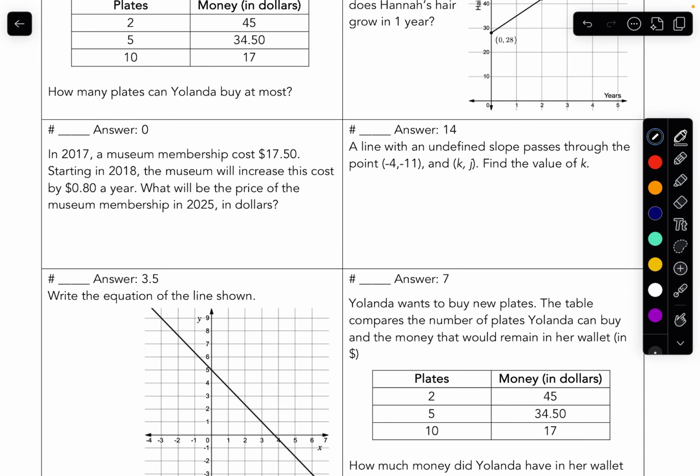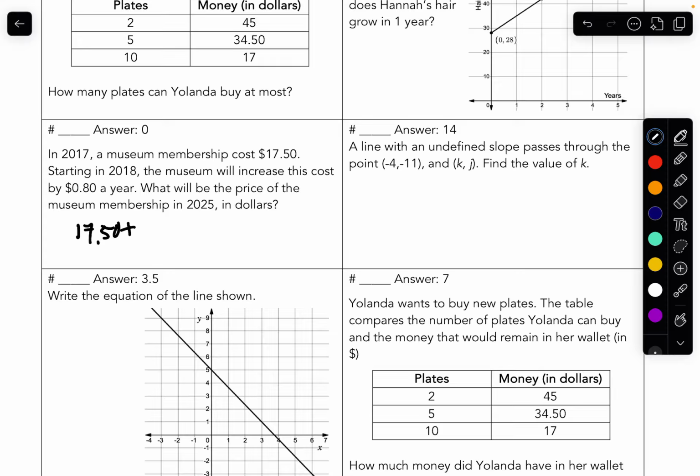On this problem, it says in 2017, a museum membership costs $17.50. Starting in 2018, the museum will increase this cost by 80 cents a year. What will be the price of the museum membership in 2025 in dollars? Well, we start in 2017 at $17.50. That's our starting value.